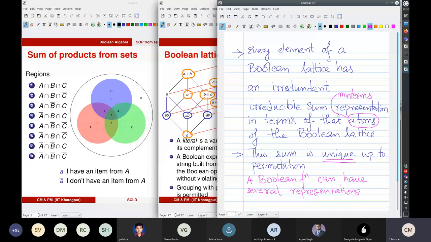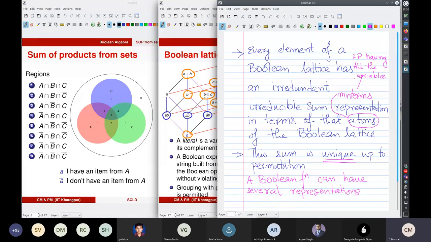Mean terms are fundamental products having all the variables.